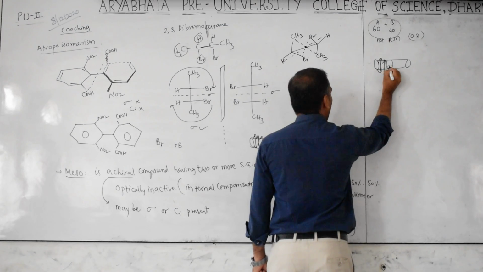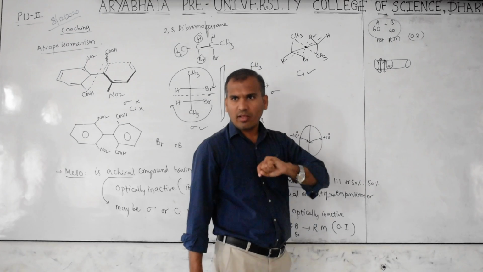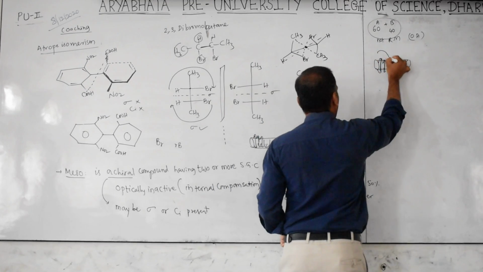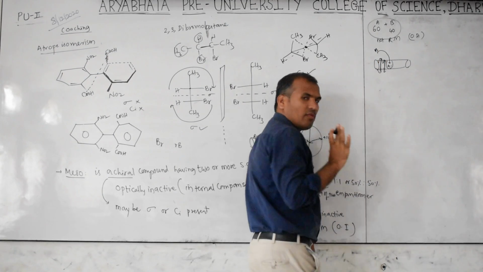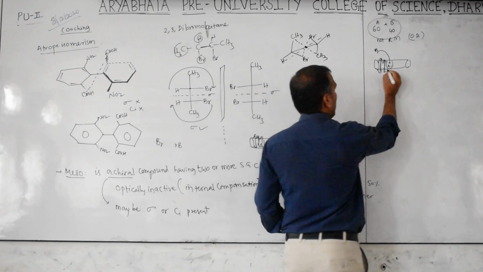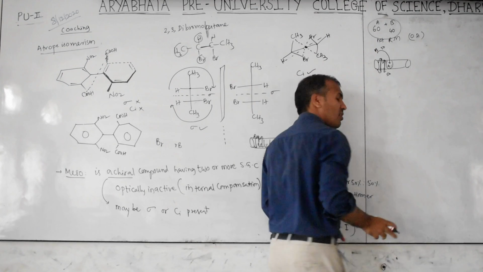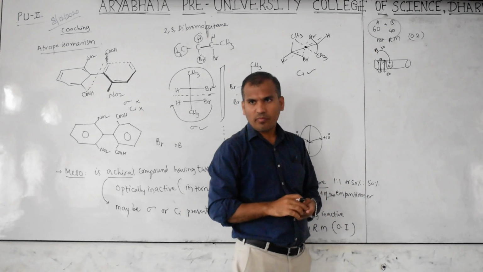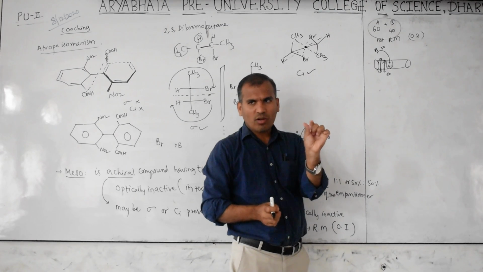First I have one enantiomer, A. Now externally I am adding the B enantiomer. First one, A, is there. Second one is B. First one has 50, second one also has 50. Equal or unequal? Equal.